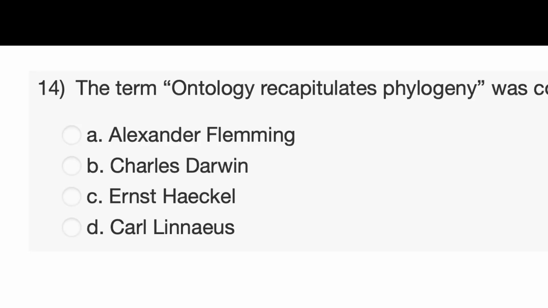Option C, Ernst Haeckel. Option D, Carl Linnaeus. Which of these scientists coined this term? Ontology recapitulates phylogeny. Is it A, Alexander Fleming, B, Charles Darwin, C, Ernst Haeckel, or D, Carl Linnaeus?